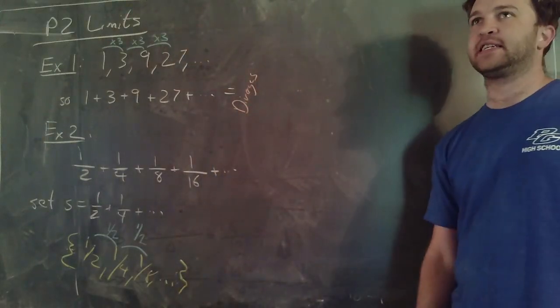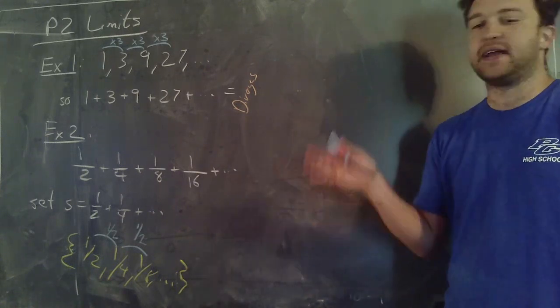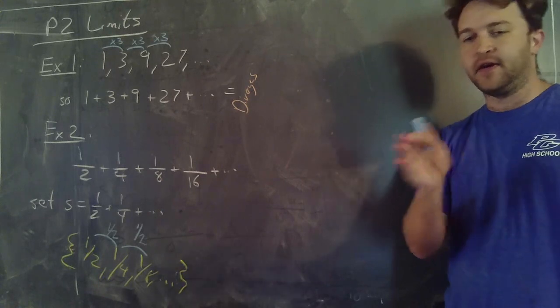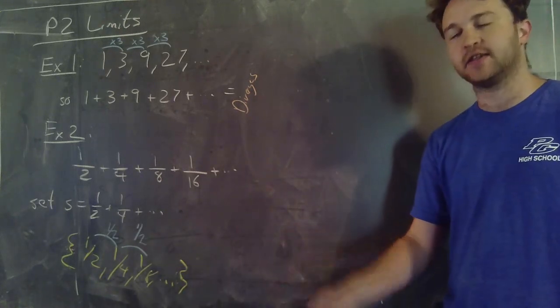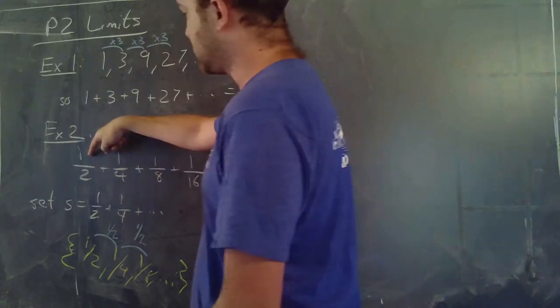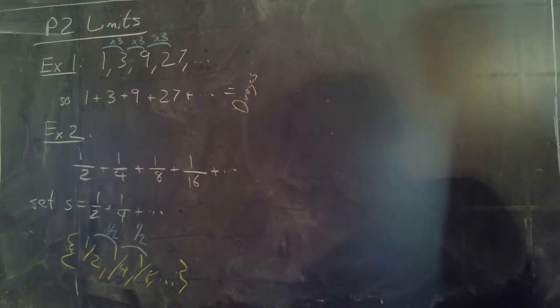Another way to say this is I'm just taking every single term and dividing it in half. If I take half of it, you get a 1/4, take half of that, you get 1/8, take half of that, you get 1/16, and so on and so forth. So then we have this series here, where I'm going to add the individual terms in the sequence together. And we want to look for the other word that describes the particular behavior.